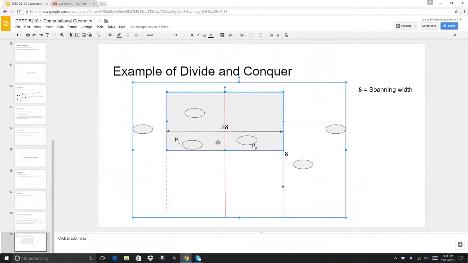By creating this boxing method, you really limit the number of comparisons you have to do. In fact, the book notes that you only have to evaluate 7 points for each box to determine the minimum or the closest pair.